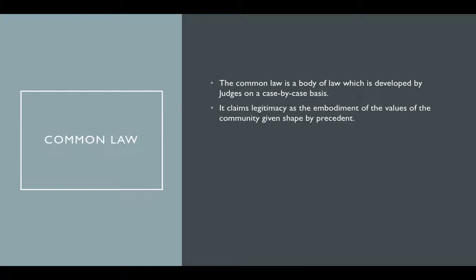By setting a precedent, it means that in other cases in the future that have similar principles, you can refer back to the previous cases to see what the precedent was, what the decision was, and you can use that to shape your decision in your case.